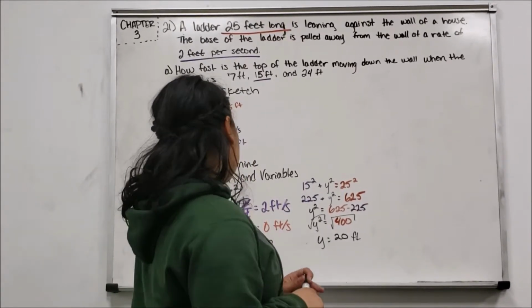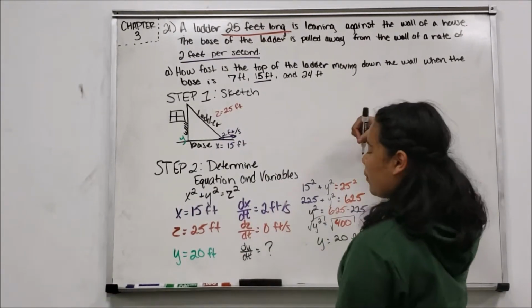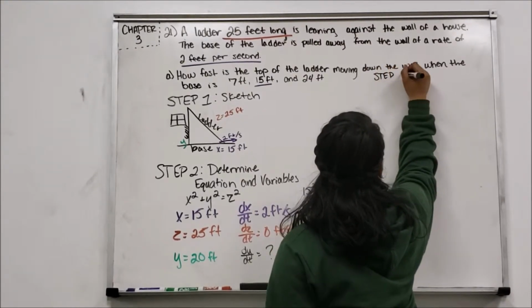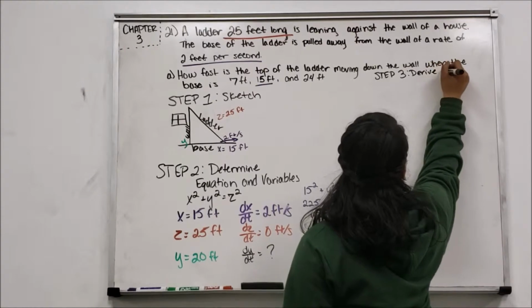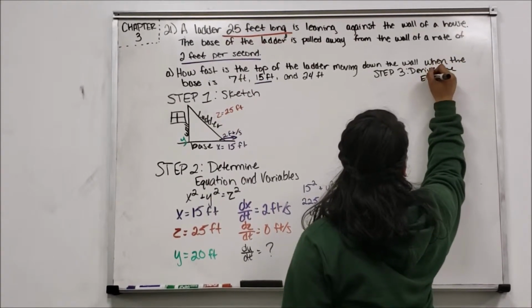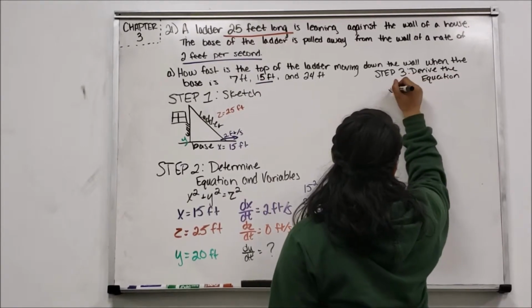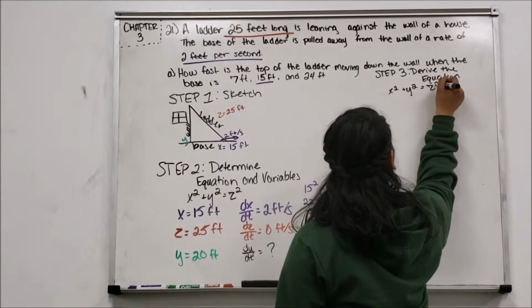Now we're going to move on to step 3. The derivative is going to be the same, so I'm going to move a little bit fast for this portion. Our equation: x squared plus y squared equals z squared. There's our equation.